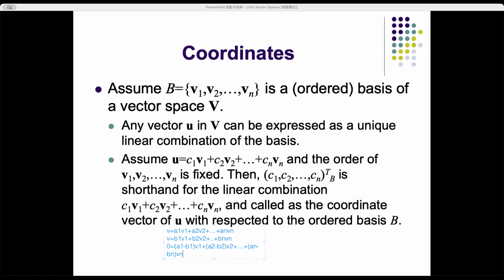But we know this is not right, because v1 to vn is the basis of a vector space, so they should be linearly independent. So from this, we know any vector u in V can be expressed as a unique linear combination of the basis.